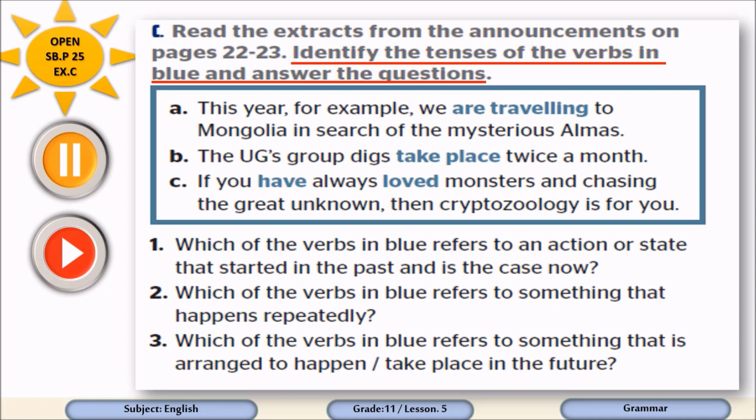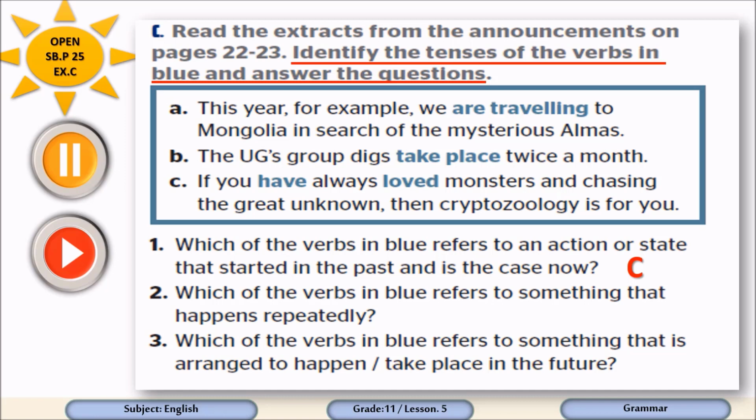Very good. Good job. So, now let's answer the questions. 1. Which of the verbs in blue refers to an action or state that started in the past and is the case now? Excellent. C. Number 2.